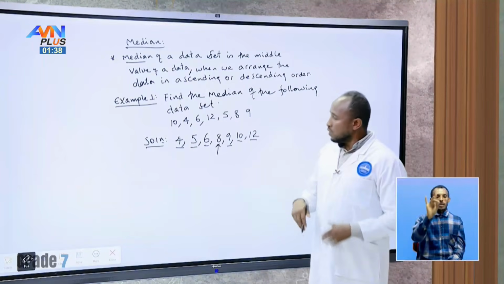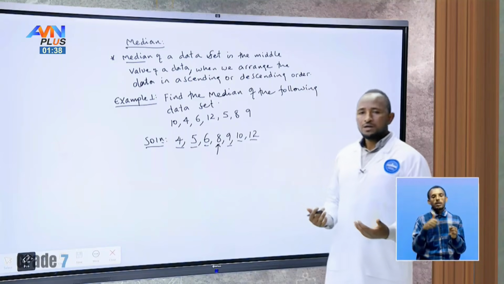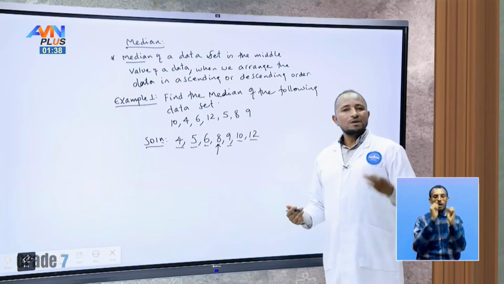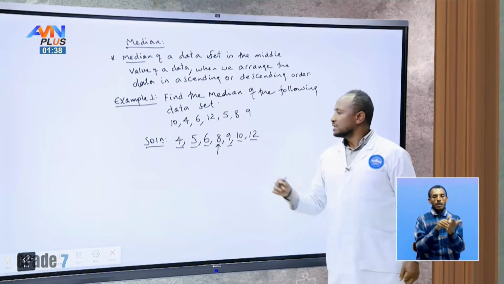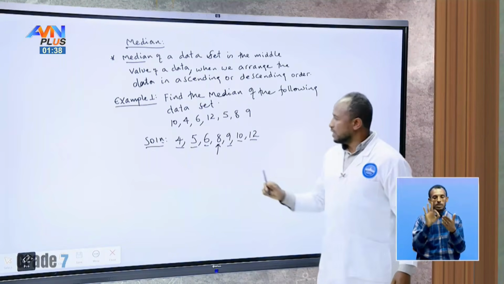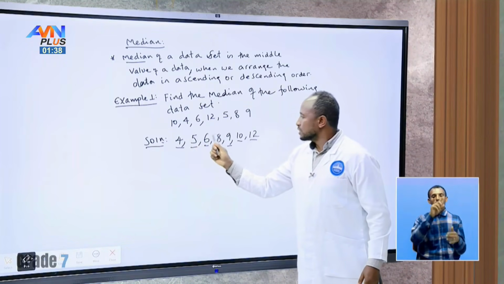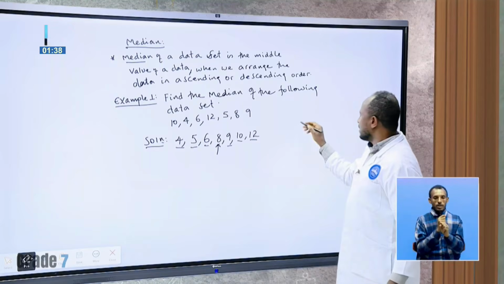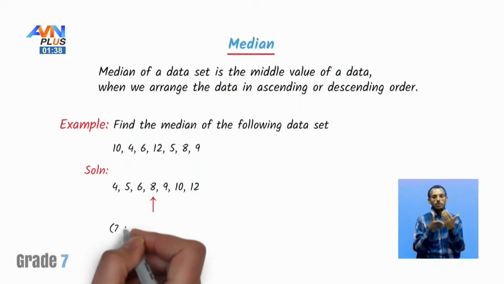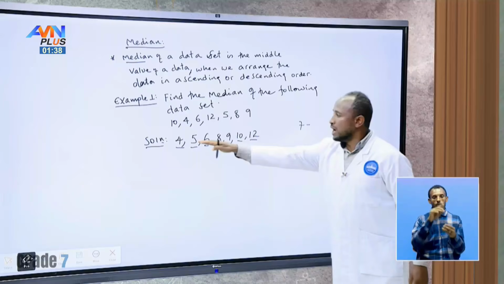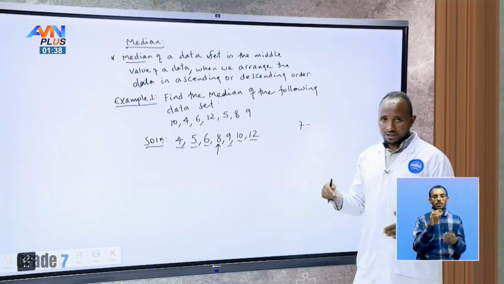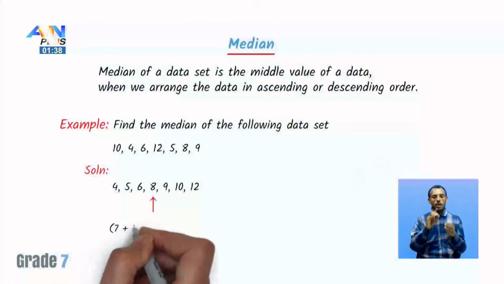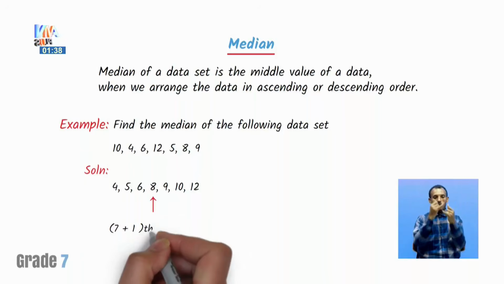Or in another way, we can find the middle value by counting the number of data here. We have 1, 2, 3, 4, 5, 6, 7. To find the middle data, since we have an odd number of data, you add 1 and you divide this by 2.